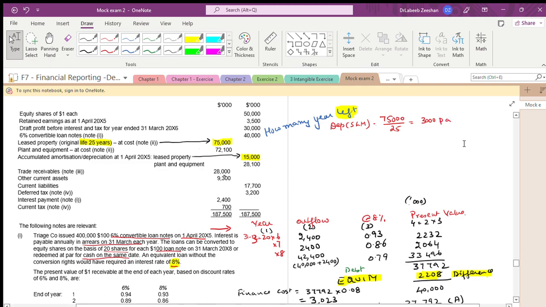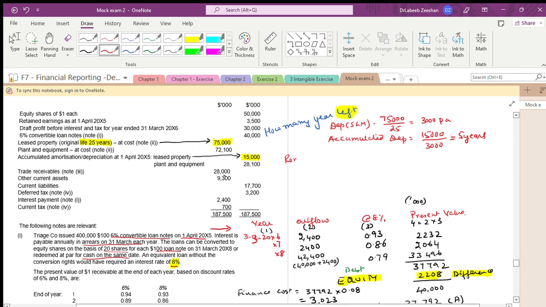How much is the accumulated depreciation? 15,000. How much is the depreciation every year? 3,000. Means for how many years have they calculated depreciation till now? 5 years.